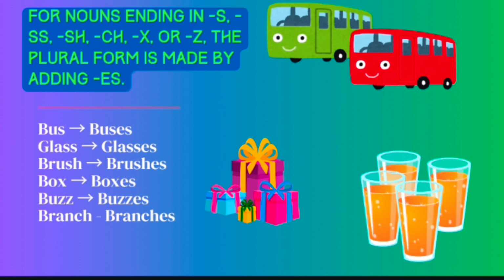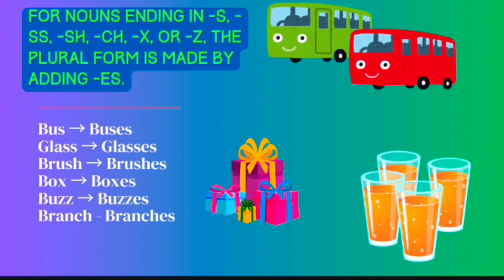So the plural form will be by adding es, buses. The second word ends with ss. The word is glass and its plural form is glasses. The third word, that is brush, ends with sh and the plural form is brushes. According to the rule, by adding an es, we convert it to its plural form.